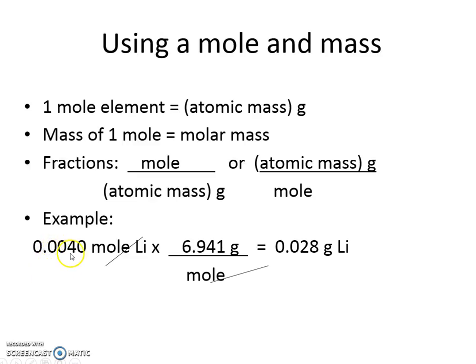If I have 0.004 moles of lithium, how do I figure out the mass? Well, I look at the periodic table and I find the atomic mass of lithium. So I can go from mole to gram, and the atomic mass of lithium is the number of grams. I do the math and I come up with 0.028 grams of lithium.